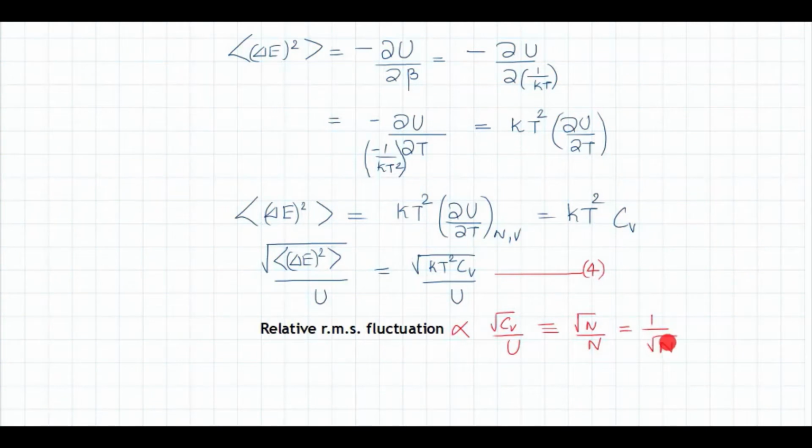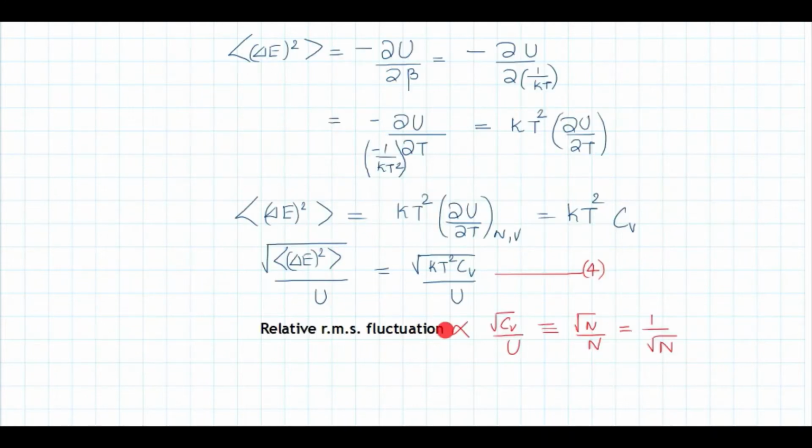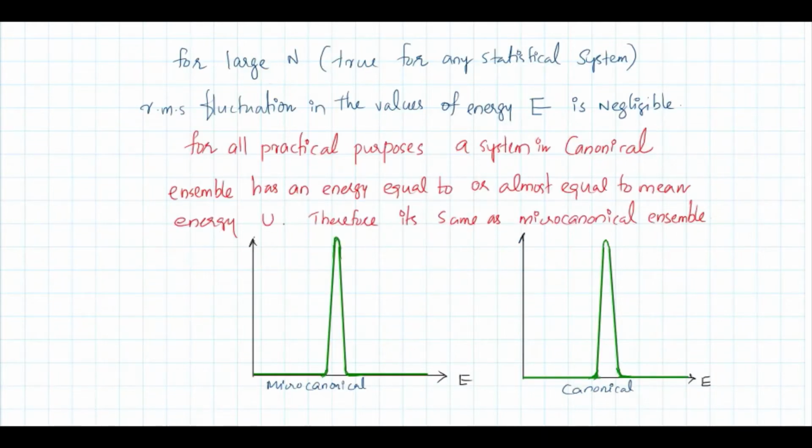If n is very large, we can say that the RMS fluctuation in the values of energy E is negligible, because the relative RMS fluctuation is proportional to 1 by square root n. If n is very large, that is true for any statistical system, the number of particles will be of the order of 10 to the power 23 per centimeter cube or so.